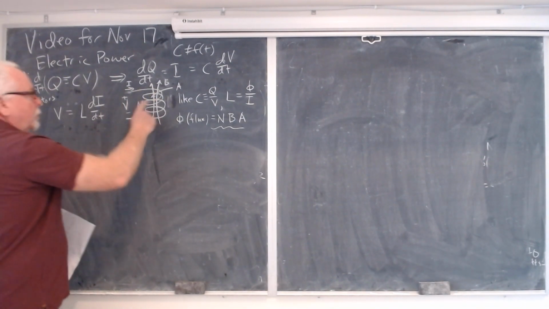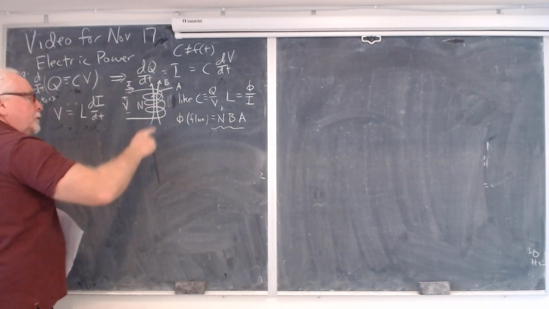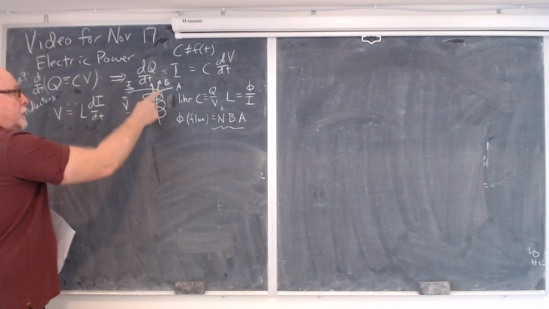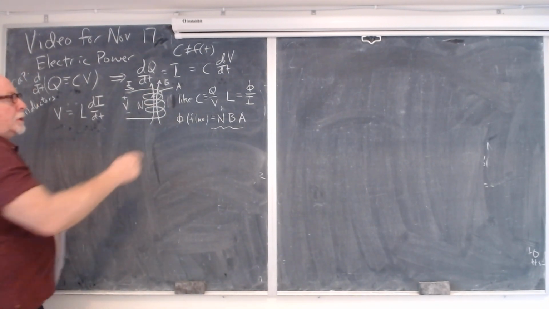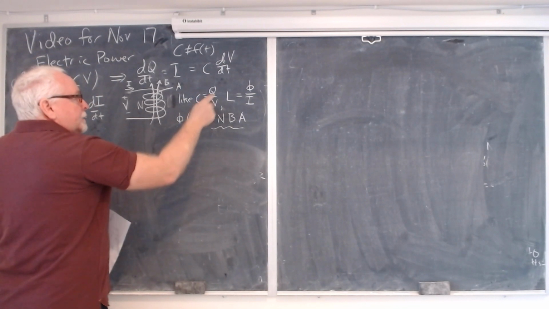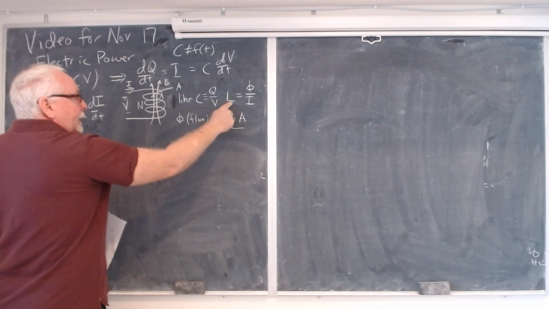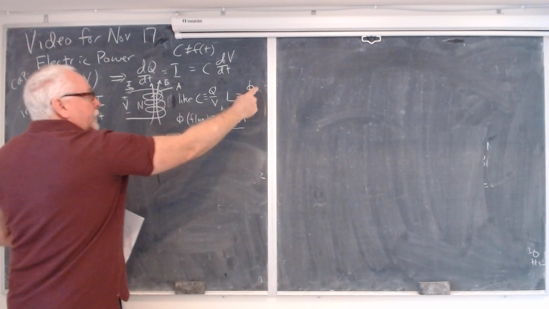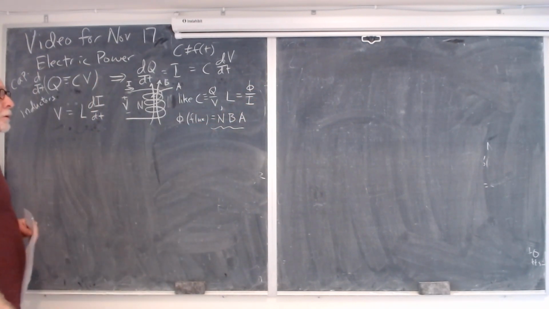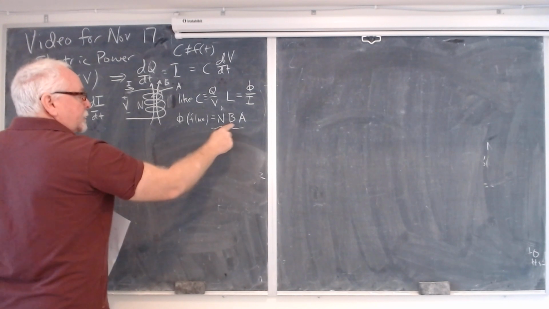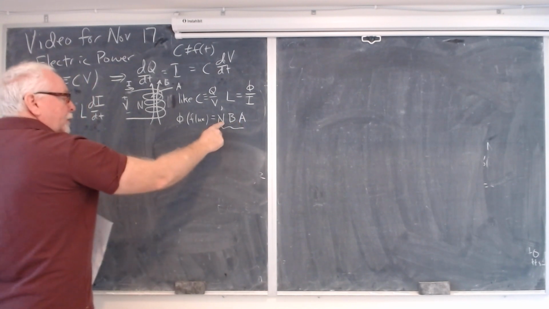It is a coil. It makes a magnetic field. It has N turns. Each coil has a certain area A. And so, like C is charge over voltage, L, inductance, is magnetic flux over current. And the magnetic flux is the magnetic field times the area times the number of turns.